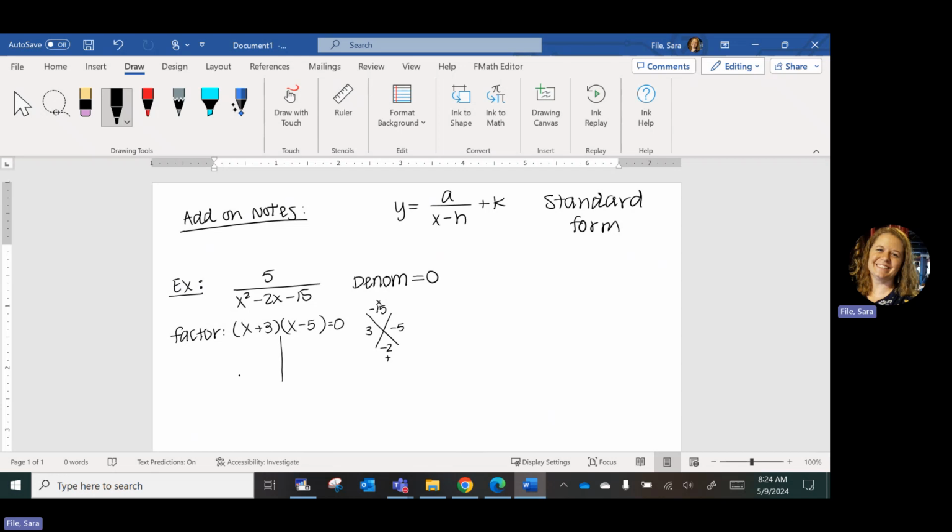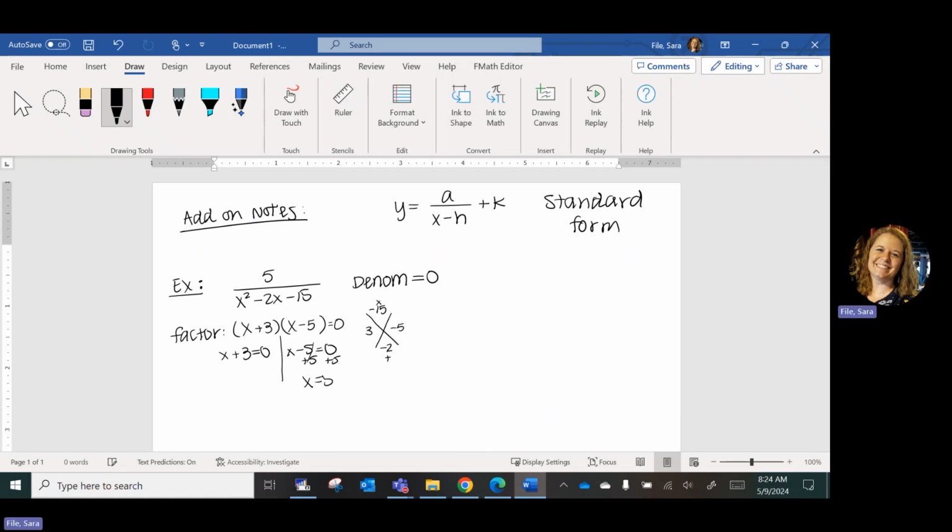A lot of you do not have to show the rest of this work. Once you have it factored, you can visualize what would make these factors 0. It's negative 3 and 5, because 5 minus 5 would be 0, negative 3 plus 3 would be 0. If you don't immediately see that when it's in factored form, what you are physically doing is taking those factors and setting them equal to 0 and solving.